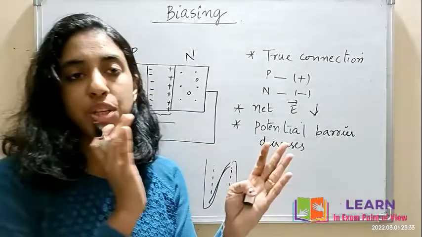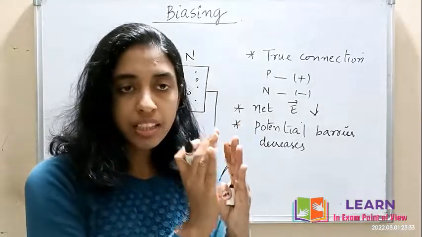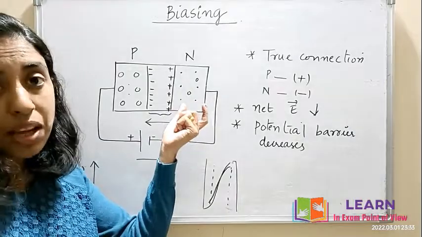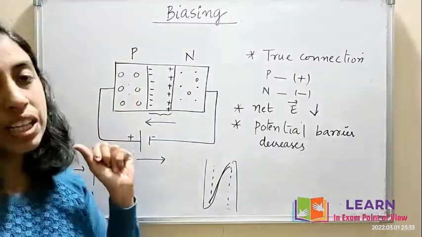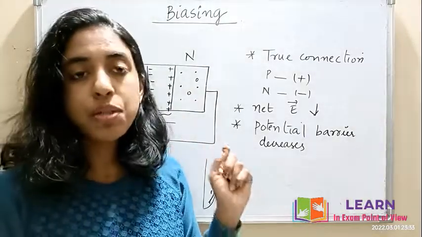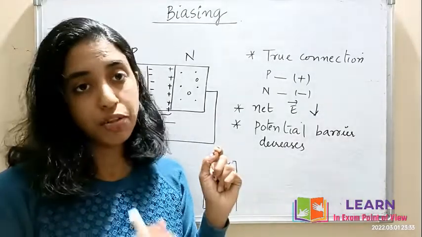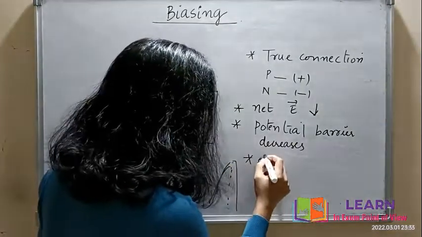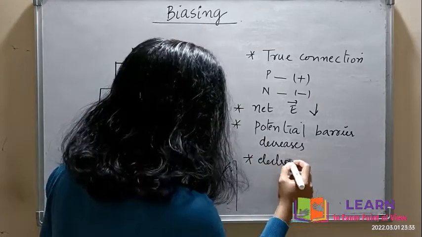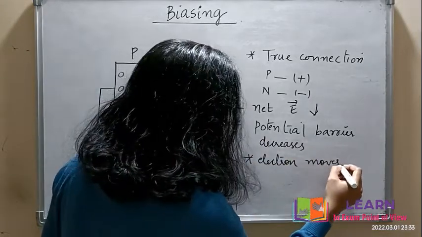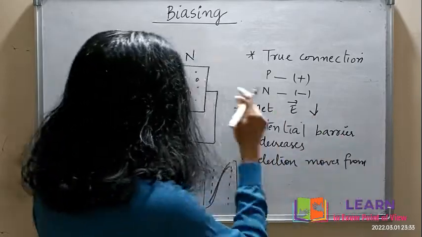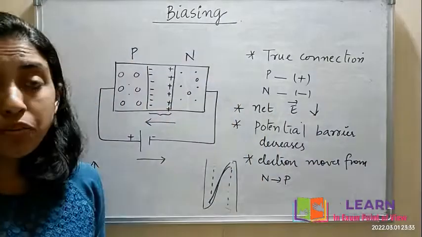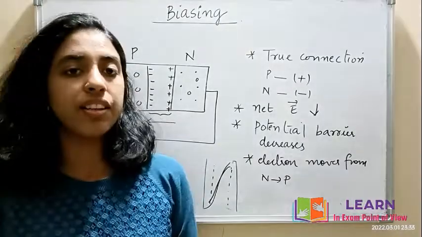So if the depletion layer width decreases, it is now easy for the electrons from n-type to move to p-type, and electrons moving means there will be current flowing, right? So due to this, electrons move from N to P. Movement of electrons causes current, right?